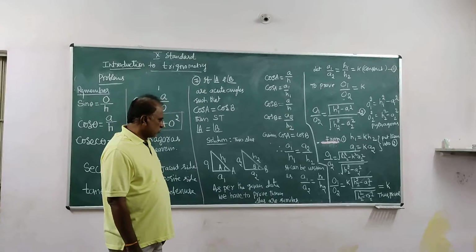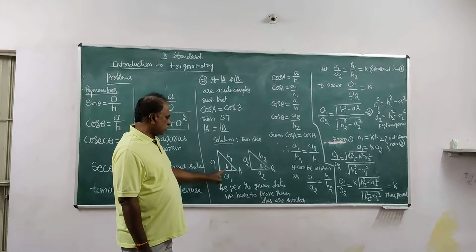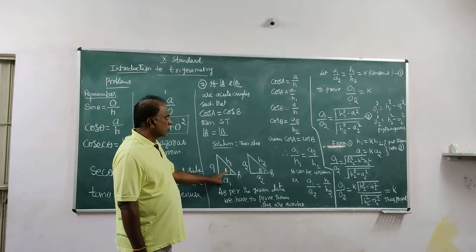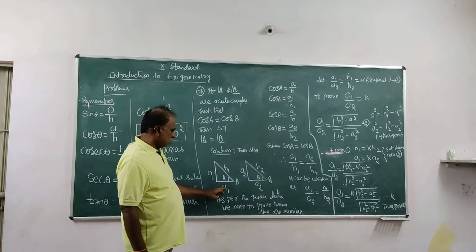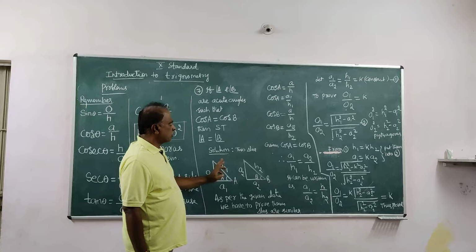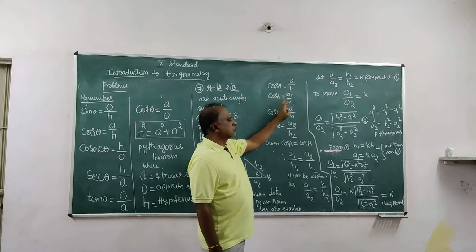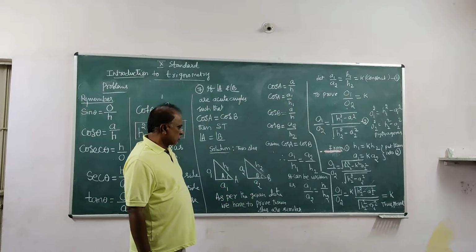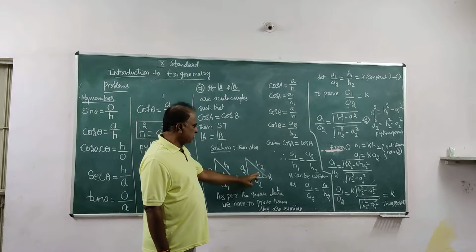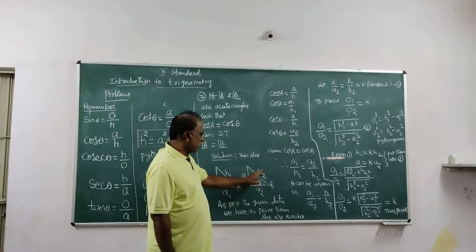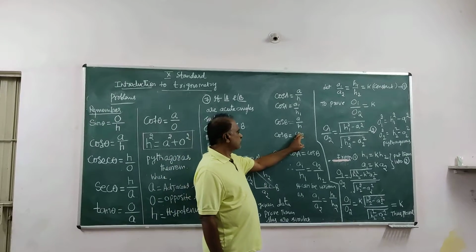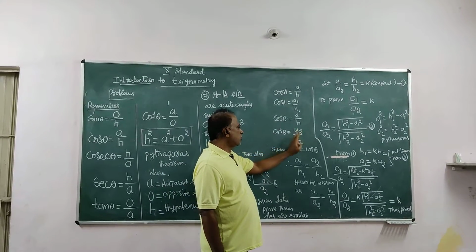Let me write the definition of cos A. Cos A is equal to A by H. What is A here? A1. H is H1. And write the cos B. Similarly, cos B is adjacent by hypotenuse, here A2 by H2.